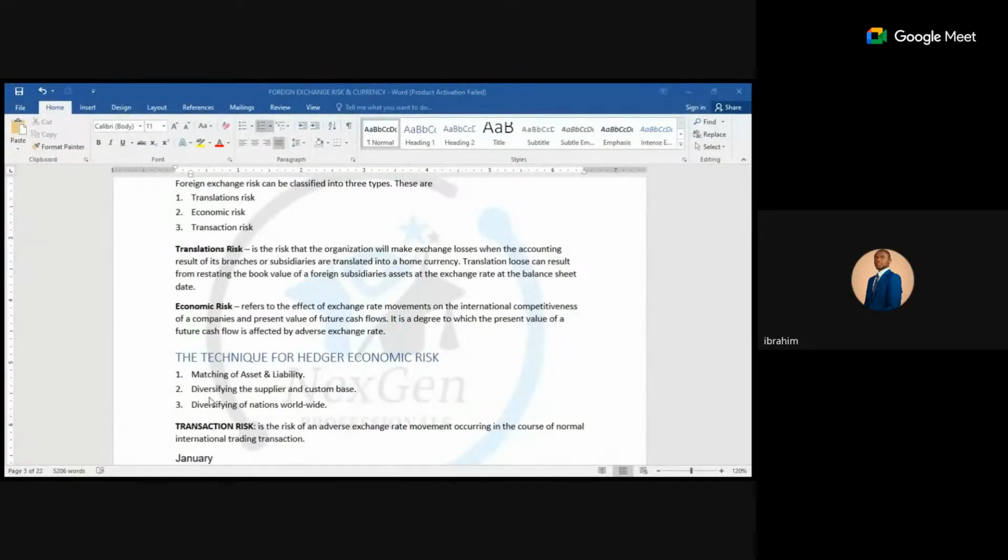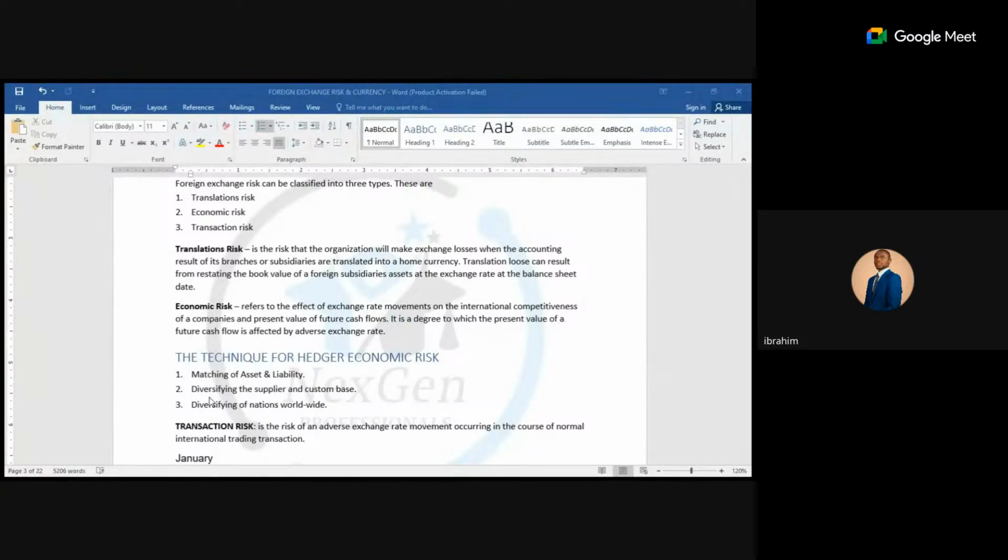Lastly, is transaction risk. Most of us are faced with these transaction risks, for those who work in multinational companies.